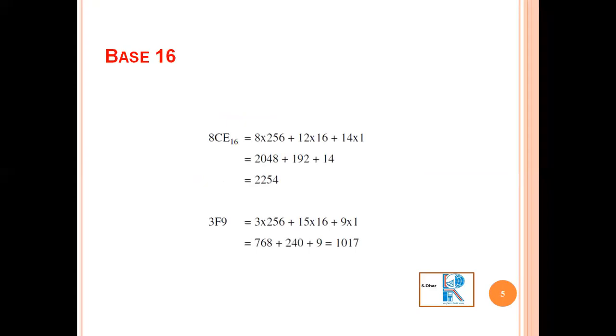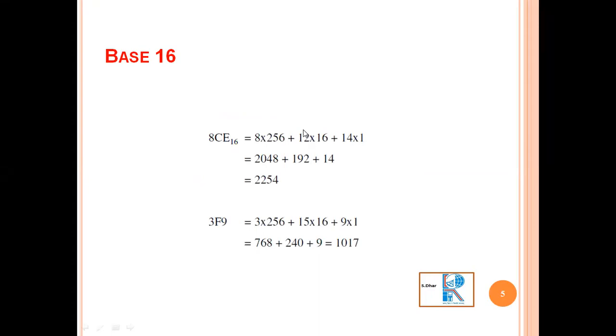Base 16, in the notes I have already given, is called the hexadecimal code. In the hexadecimal code, what is the number? Suppose 8CE. Clear? So the number 8CE will be represented in this way. That means E into 16 to the power 0. We know that in decimal E is 14. C into 16 to the power 1.